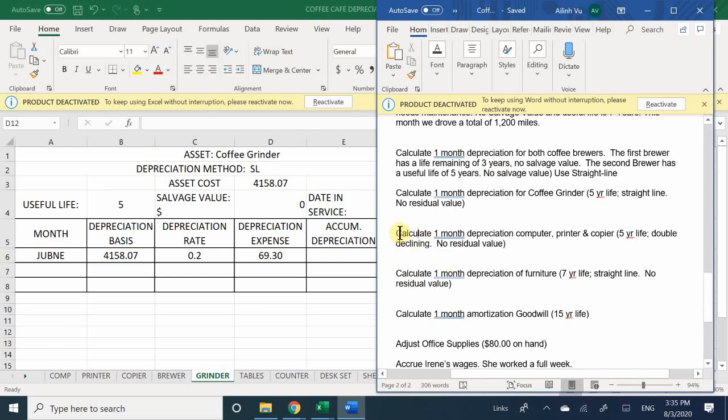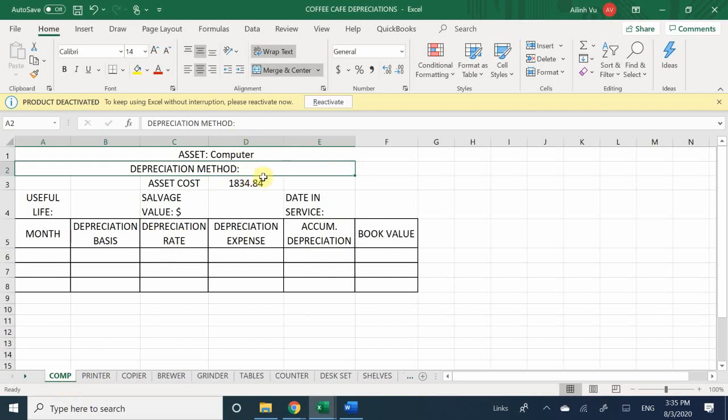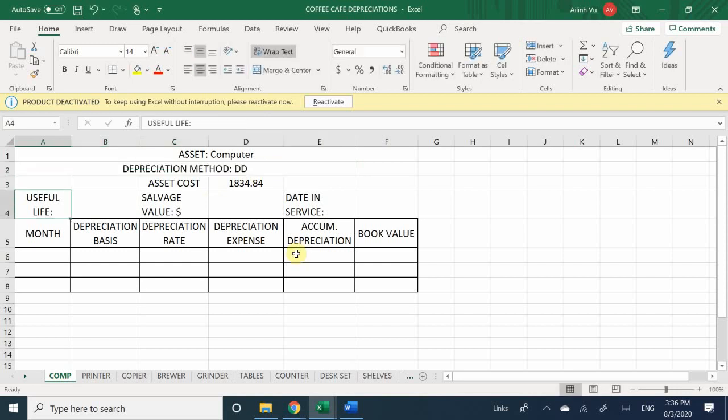Okay, so we're going to calculate 1 month of depreciation for the computer, printer, and copier. 5 years, double declining, no residual value. We have to do it separately because you can't do all at once. The depreciation method is double declining, DD for short.